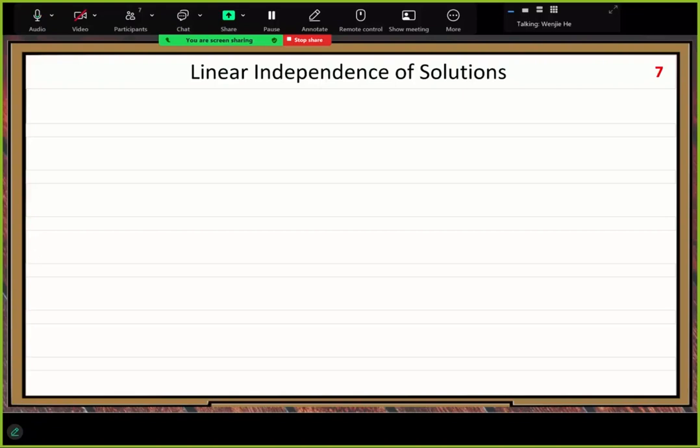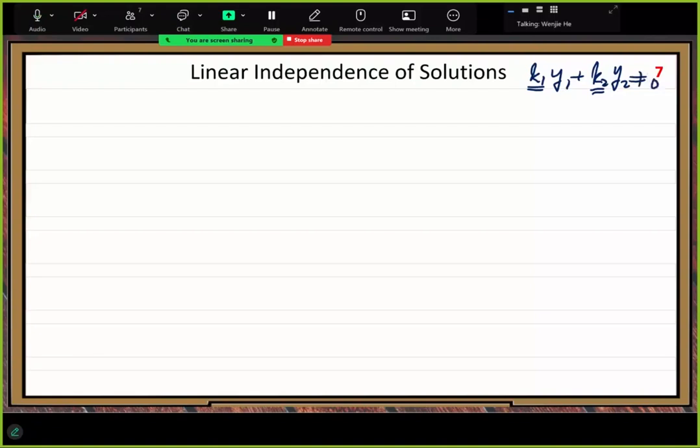I gave you the definition for two functions before: k1 times y1 plus k2 times y2.